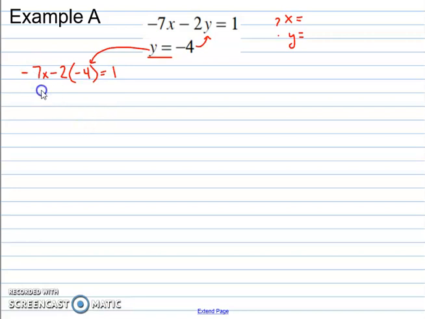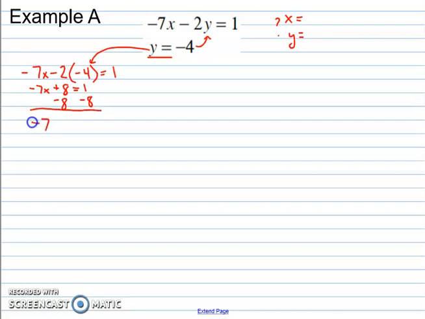Okay, now it's solving an equation for x. So we're going to do negative 7x, and negative 2 times negative 4 is positive 8. That equals 1. All right, so we want to get negative 7x alone, so let's zero out the 8 by subtracting it, right?